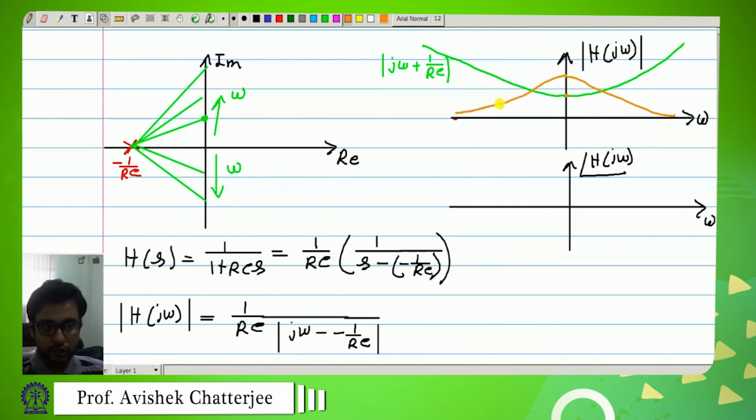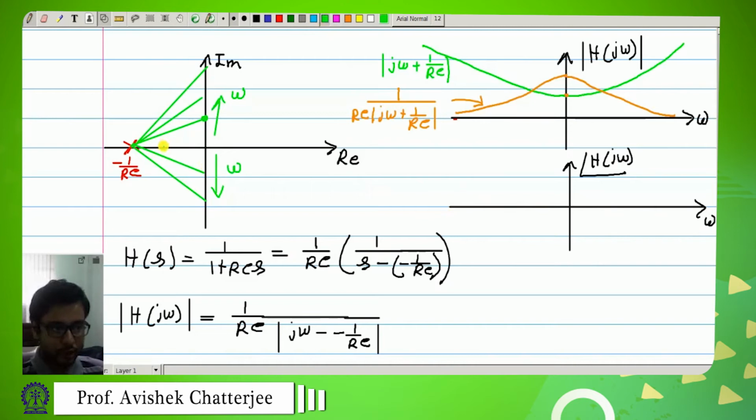Okay, so this graph is of 1 by mod j omega plus 1 by RC. Yeah, we also have this constant RC multiplied. So this will be the pattern. Okay, in the same way, let us try to find the phase response.